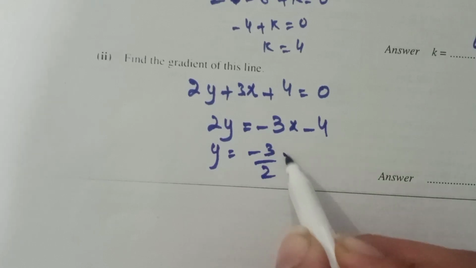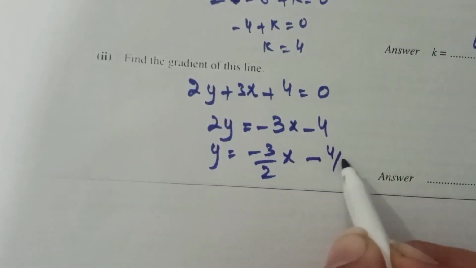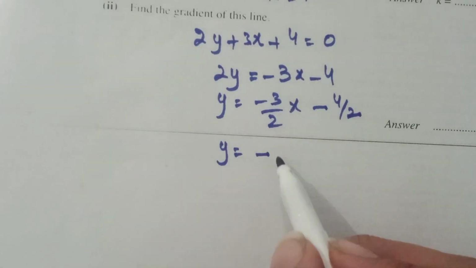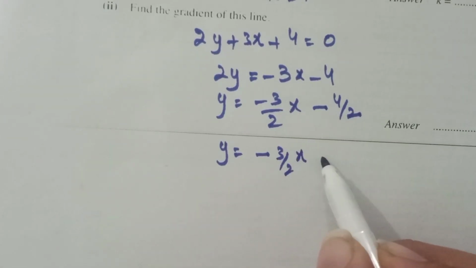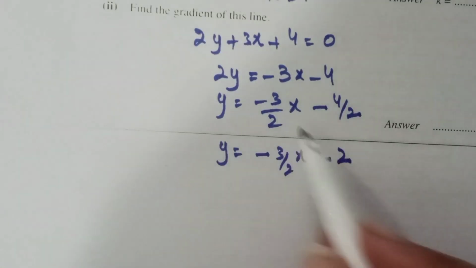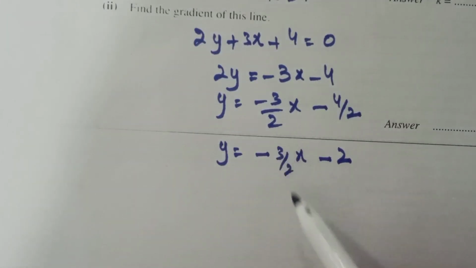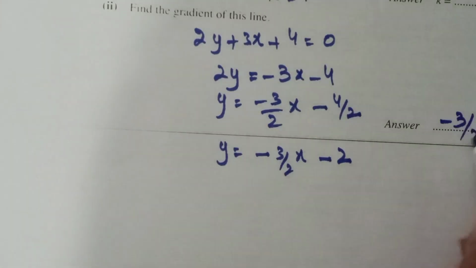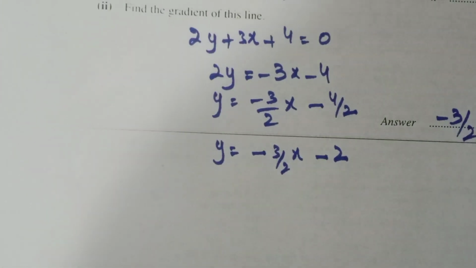We get y is equal to minus 3 by 2 x minus 4 by 2, so y equals minus 3 by 2 x minus 2. This is the gradient of the line, which is minus 3 by 2, or minus 1.5. Solved, and this question is from May June 2011 variant 2.